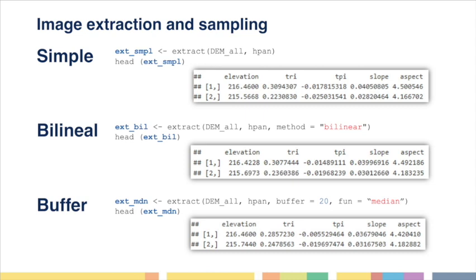On the other hand, we have an example where we do another type of extraction that's called bilinear. That method, apart from taking the pixel where the point is, takes the pixels that are surrounding that main pixel, and those are the closest neighbors.